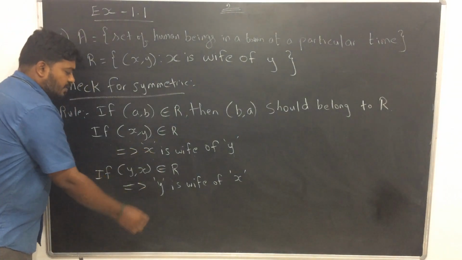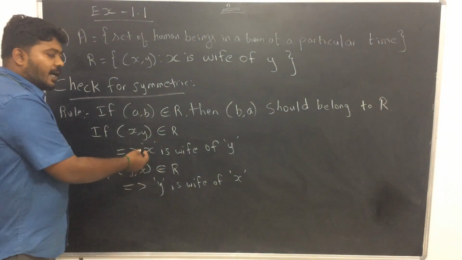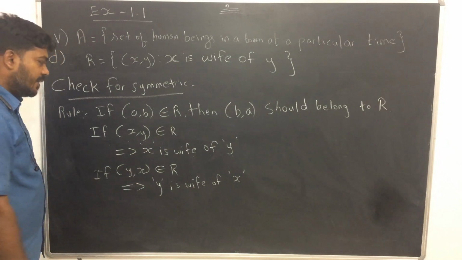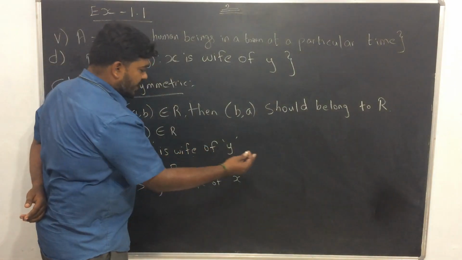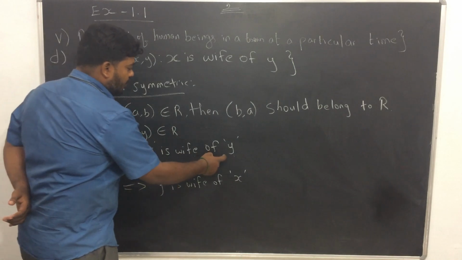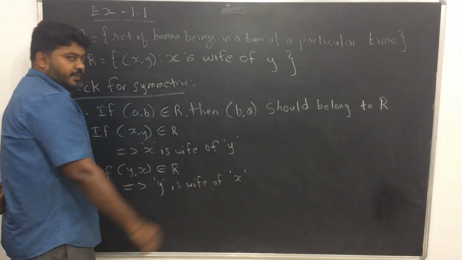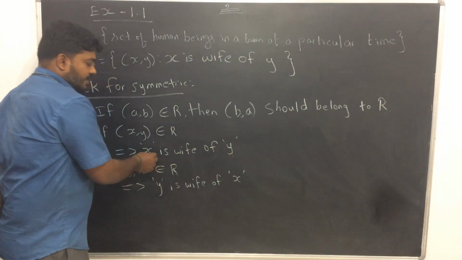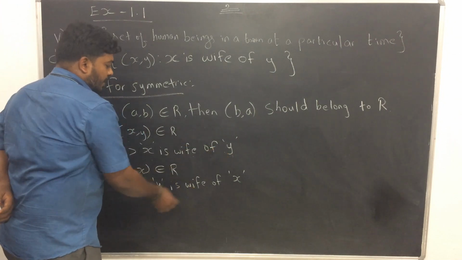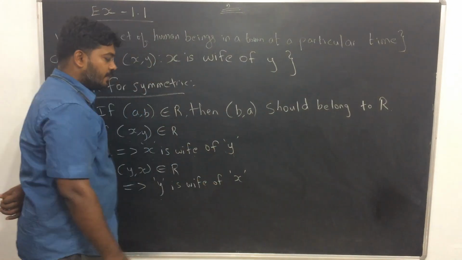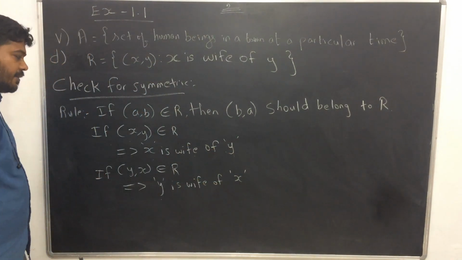Looking at these two statements, aren't they contradictory, right? They are not syncing with each other. If x is wife of y, then how come y be the wife of x? Because y is the husband of x. So this husband y cannot be the wife of x. Right? You get it right?